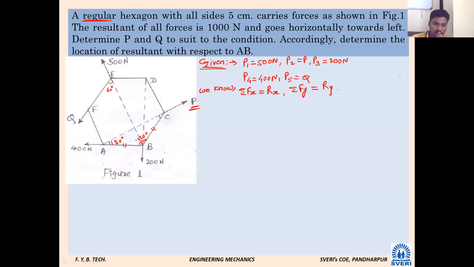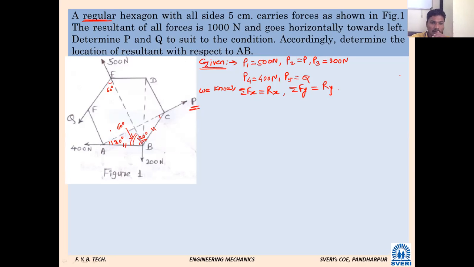Have you understood? And this we already found. How much it is? 60. So 1, 2 is over. 200 Newton force, there is no question. It is vertically downward. So not necessary to think on that. 400 Newton force. Is there any issue of angle?